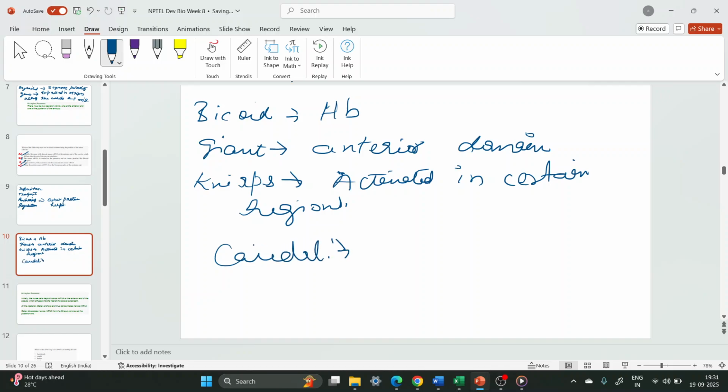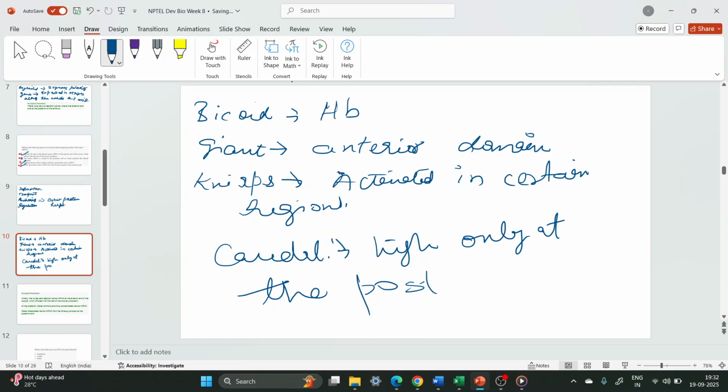Caudal is repressed, so it is high only at the posterior.